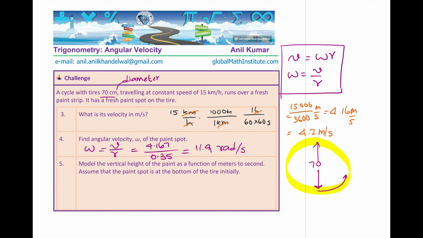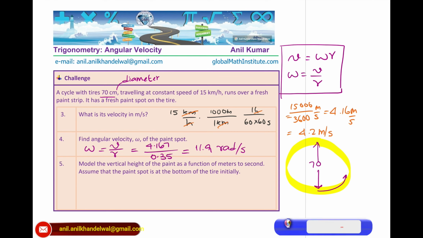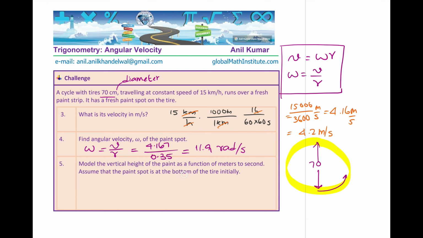Now the fifth question here is: model the vertical height of the paint as a function of time, with height in meters and time in seconds. Assume that the paint spot is at the bottom of the tire initially. So it picks up the paint from here.